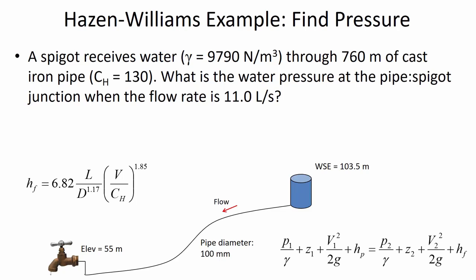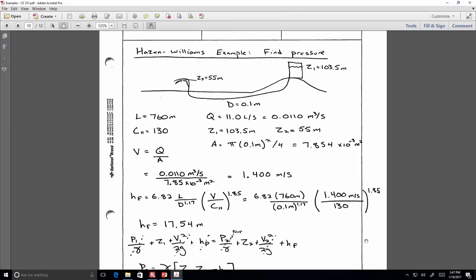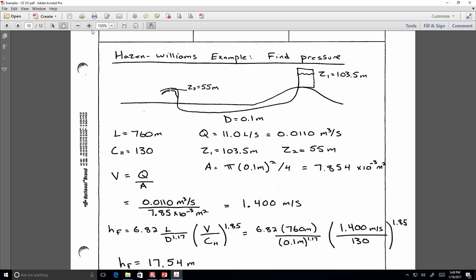And so when you substitute in the velocity, I think the velocity you should have calculated is 1.4 meters per second. Is that right? All right. So if we have a flow velocity of 1.4 meters per second, we substitute that into the Hazen-Williams equation and get 17.54 meters of losses.